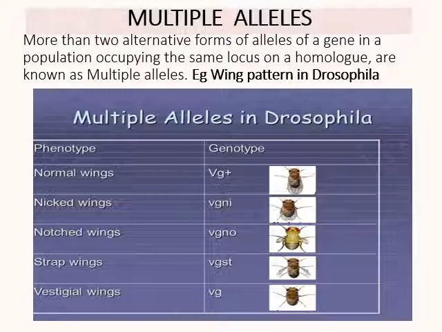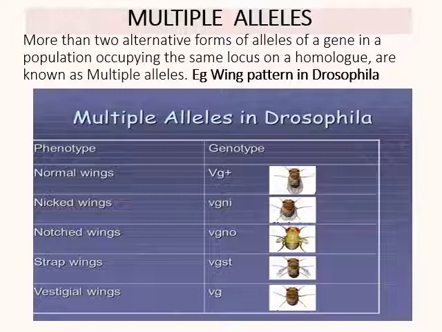Different wing sizes are normal wings, nicked wings, notched wings, strapped wings and vestigial wings. Normal wing shows allele VG+. It is wild type. Nicked wings show VGNI. Notched wings show VGNO, while strapped wings show VGST.